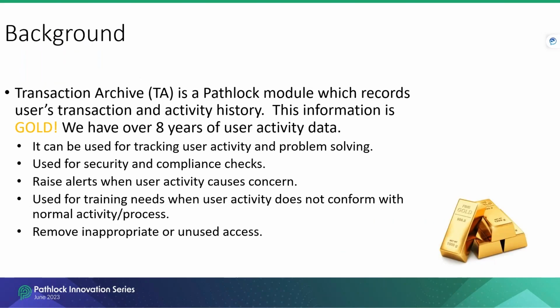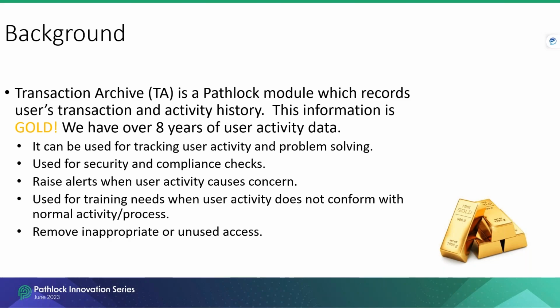So moving on, Transaction Archive. Transaction Archive records user transaction history, and this information is really gold, hence the gold nuggets on the slide. We have now got 8 years of data, and we've used it for the following.